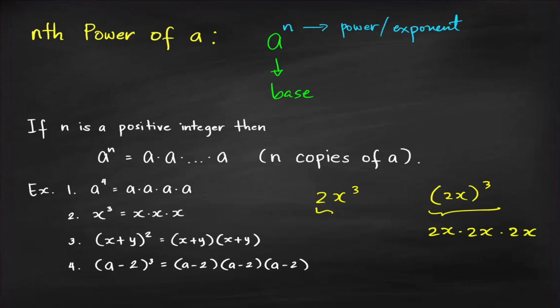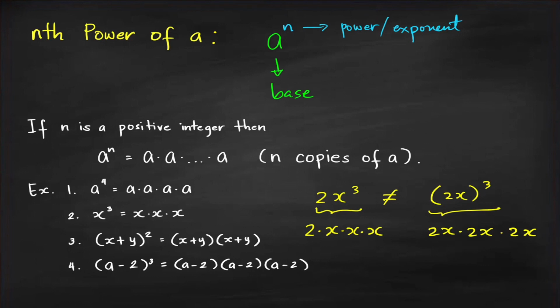In the first expression, the base of the power 3 here is not 2x, but it's only x. So this is equivalent to 2 times 3 copies of x. So it's clear from this expansion that the two expressions are not equal because the second expression has 3 copies of 2 in the products.